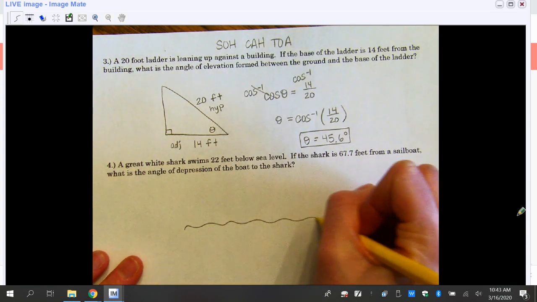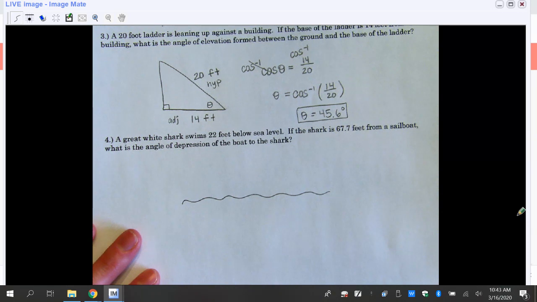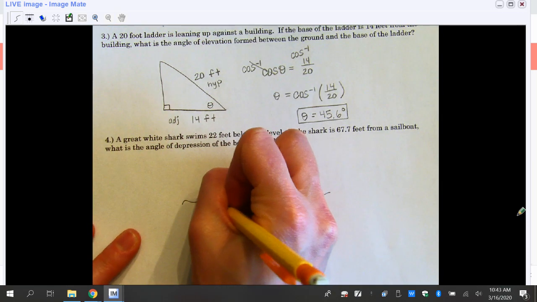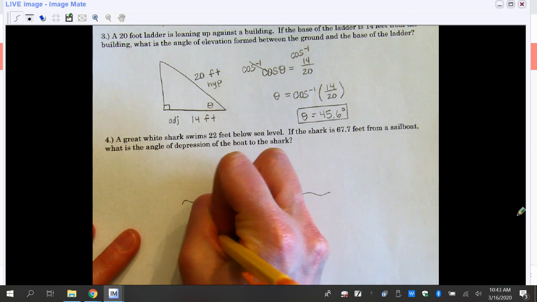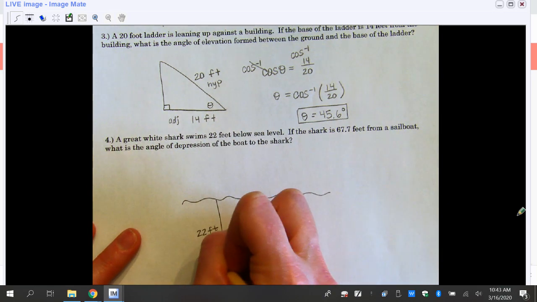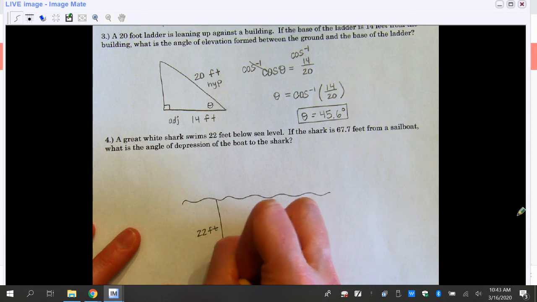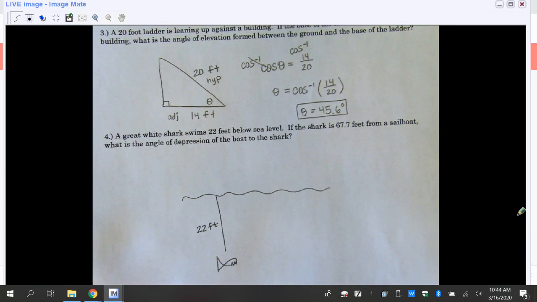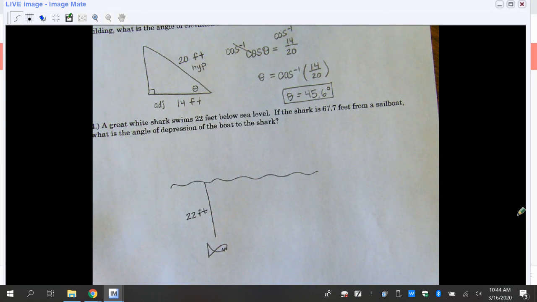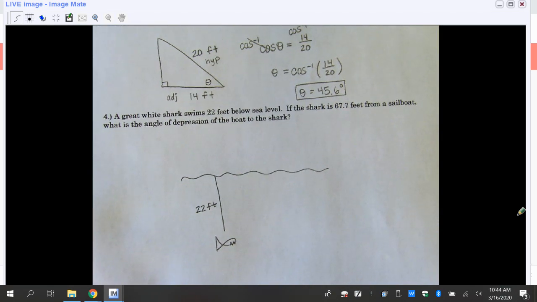All right, so here's the sea, there's the water. Down when I go 22 feet below sea level, that's distance straight down. So here is a shark, right? I'll give him some scary teeth so he looks a little scarier. Okay, so there's my shark. Then it says the shark is 67.7 feet from a sailboat.